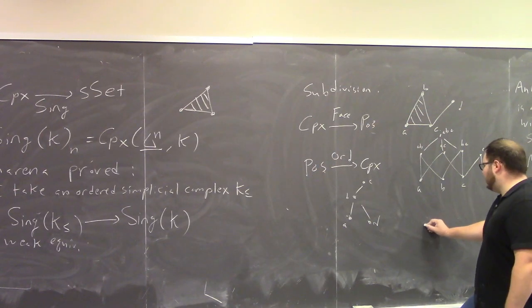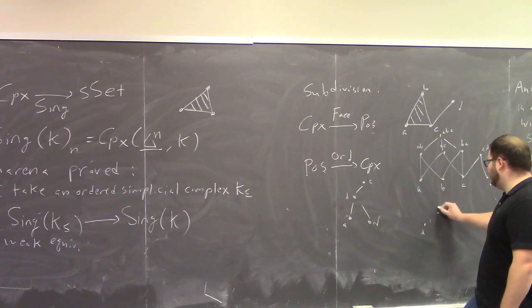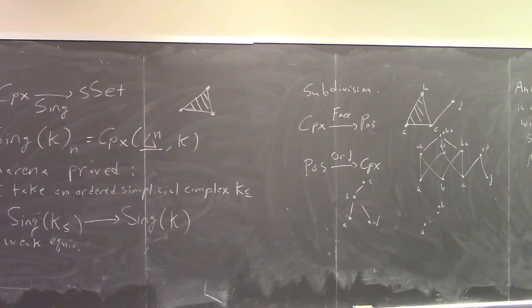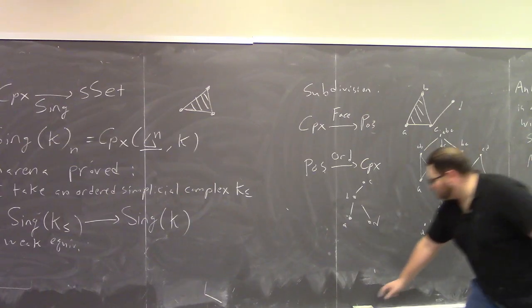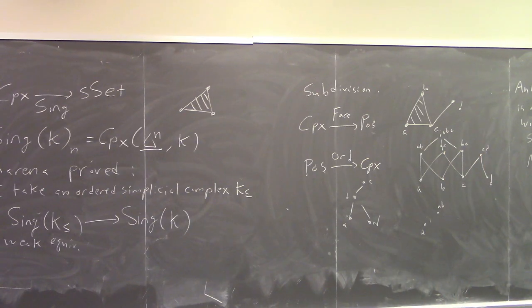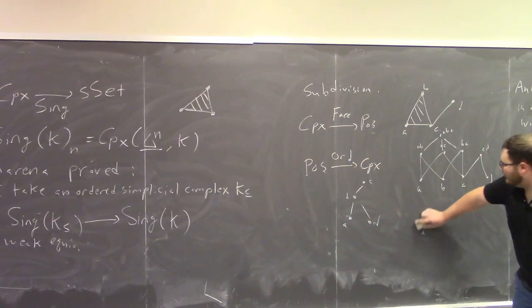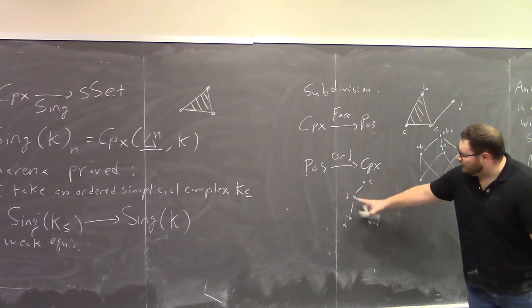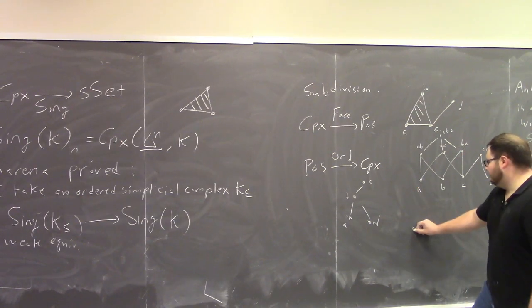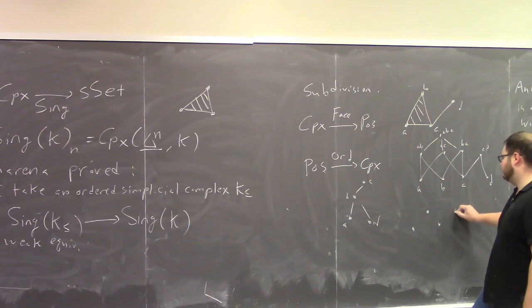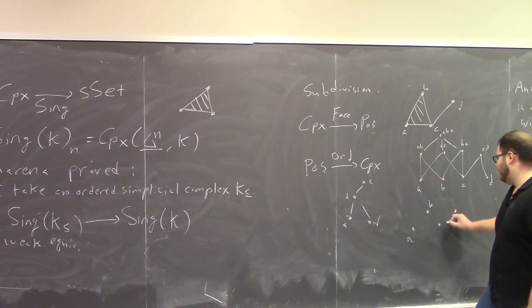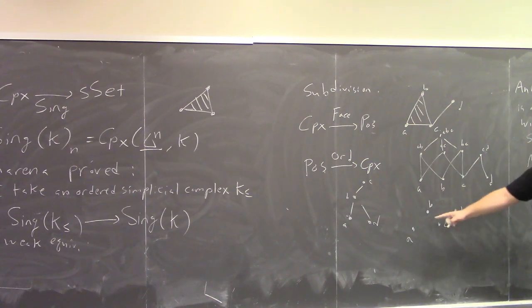So I'd have something like A, B, wait, what am I saying? Oh, I'm sorry. No, I get a complex where all of the elements are vertices, and then I make them a simplex if there's a chain.